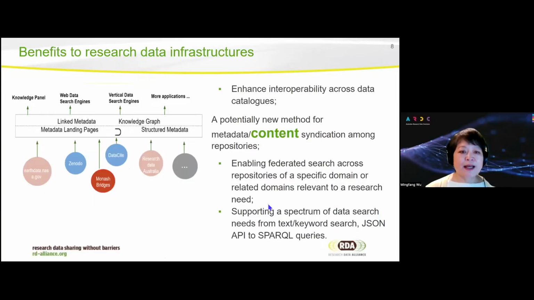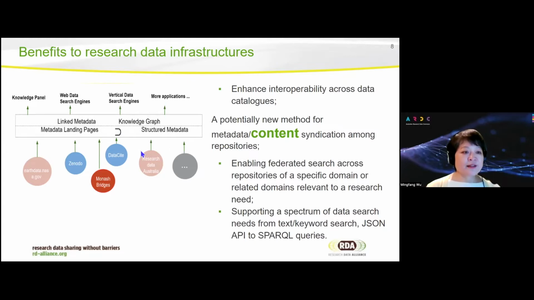So if repositories can map their schemas to a common framework and embed that metadata in a structured way in web pages, that enables many applications. By doing this, primarily we enhance interoperability across data catalogs, but also potentially a new method for metadata content syndication among repositories.